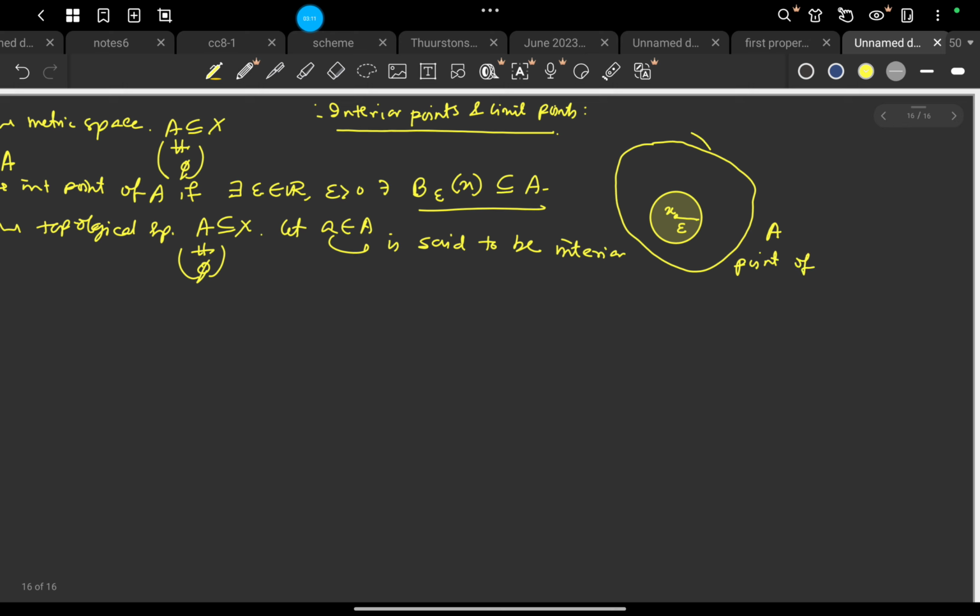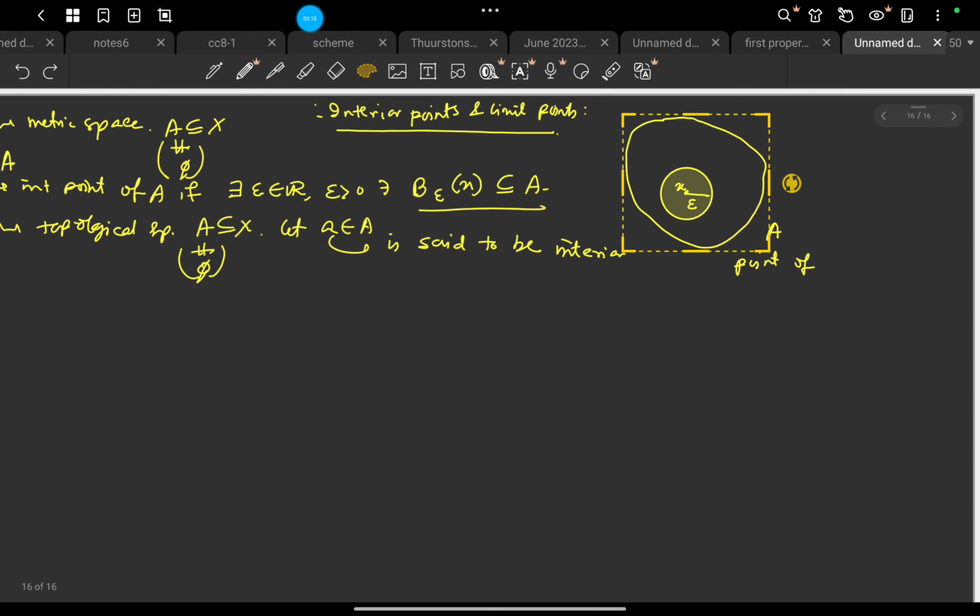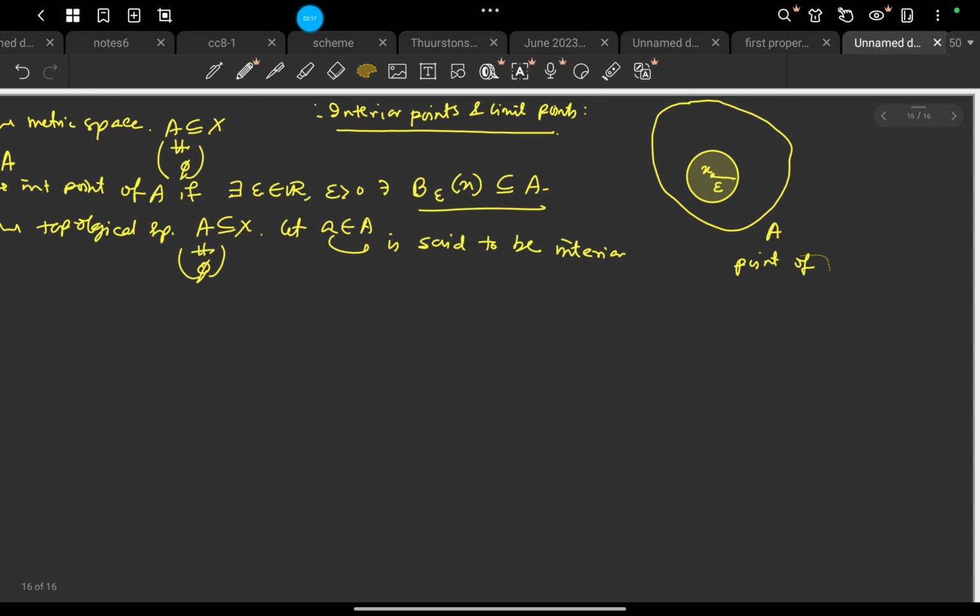of A if there exists U_x, a subset of X, and U_x is an open neighborhood around x.